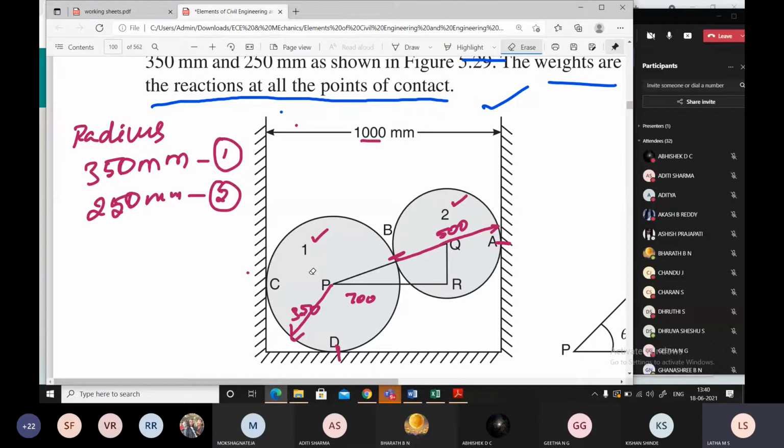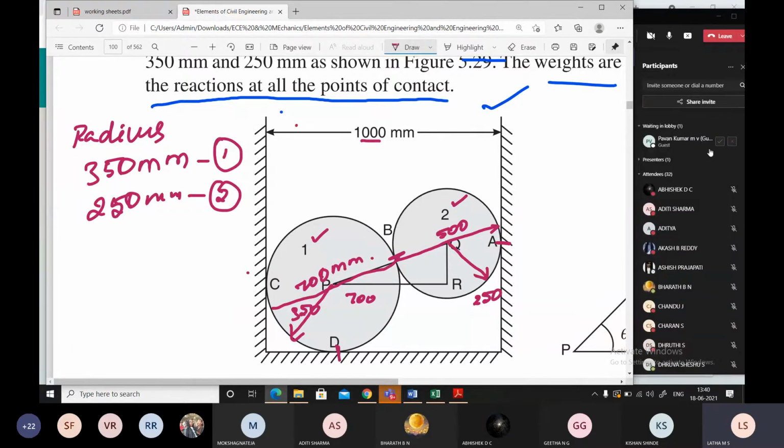I can once again show that. This is 350 plus 350, equal to 700, the diameter. This radius is 250. Is that clear now, students? Okay.